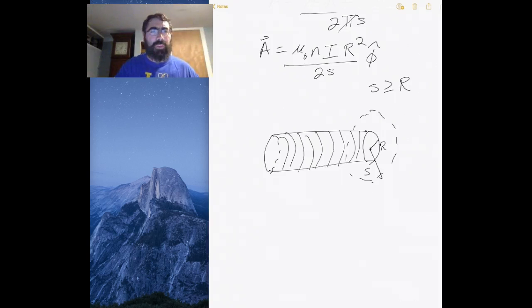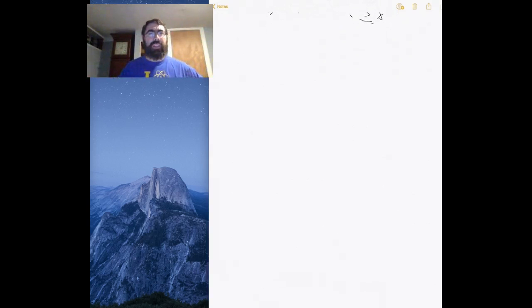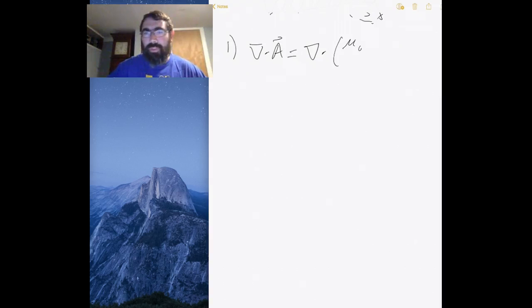Okay, so what I can leave up to the students is that what you can check is that if you take the divergence of this magnetic potential, then what you would have is the divergence of mu 0 Ni over 2 times s in the phi direction. So this is for the case on the inside of the solenoid.